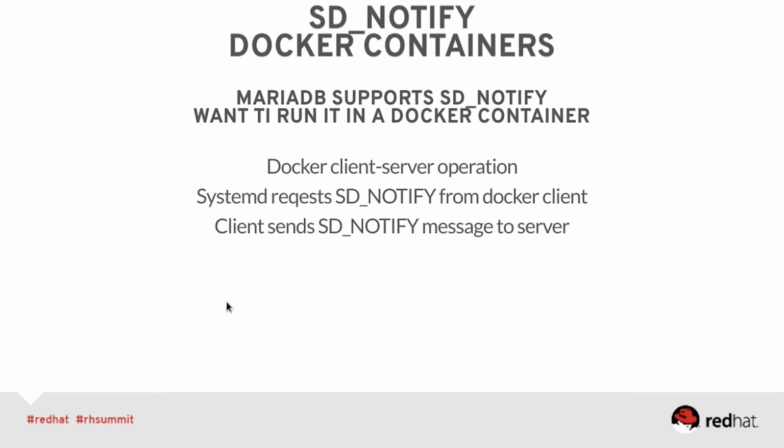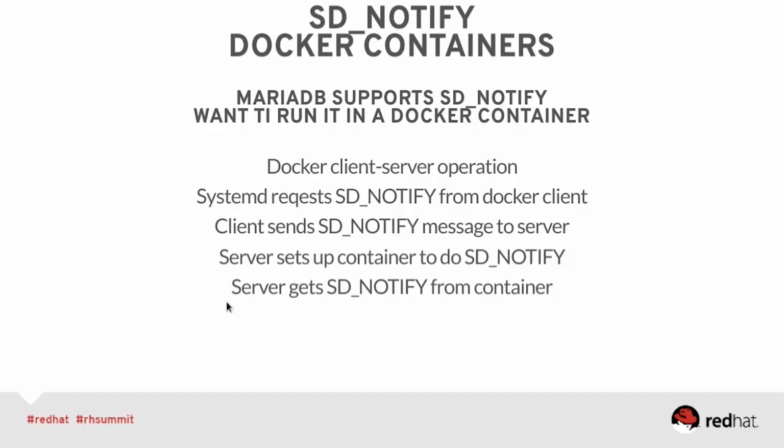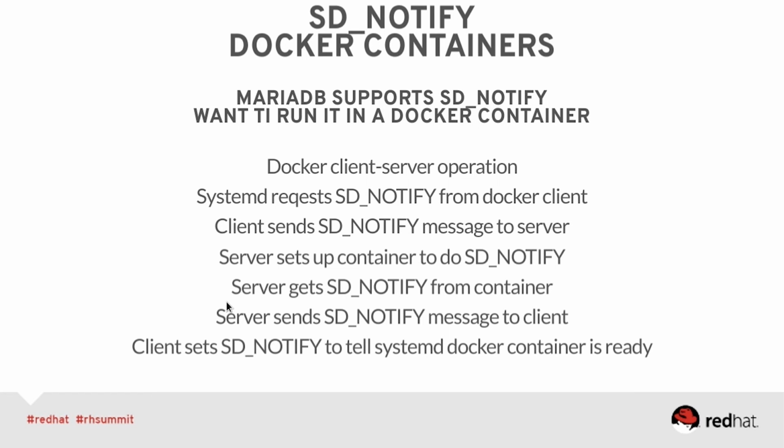The server, when it got an SD notify, would set up its container to support SD notify. The server inside of the container gets SD notify, responds. The server sends an SD notify message back to the client, and the client sends SD notify to systemd. That's the patch we attempted to get into Docker.